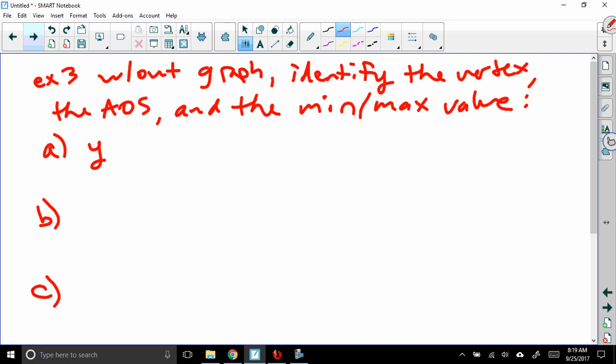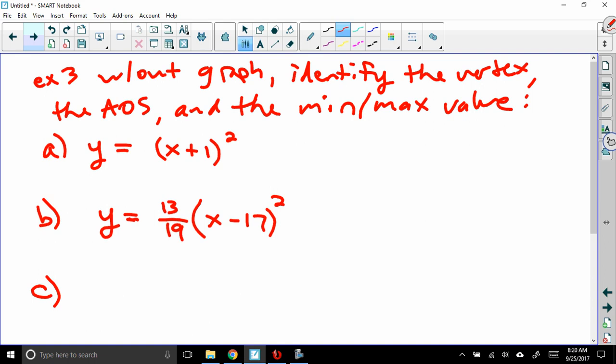So we'll go y equals x plus 1, the quantity squared. We'll go y equals 13/19 times the group x minus 17, the quantity squared, minus 18. And we'll go y equals 3 minus 2/5 times x plus 4, the quantity squared. That ought to do it.